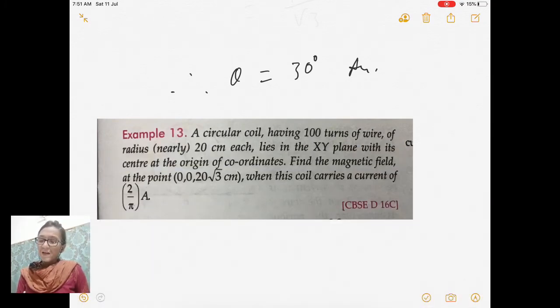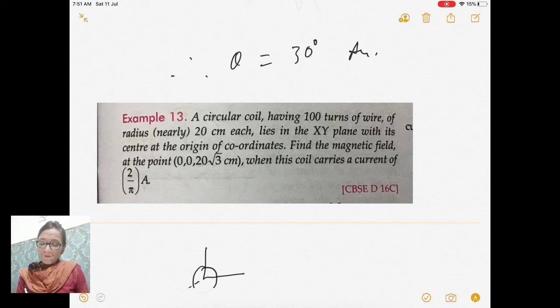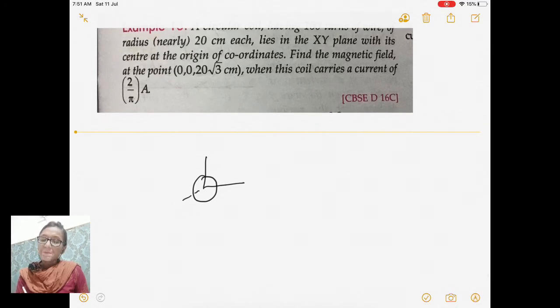A circular coil having 100 turns of wire of radius nearly 20 cm each lies in XY plane, which is centered at origin of the coordinates. Here you have the coil present here. Find magnetic field at point 0, 0, 20 root 3.